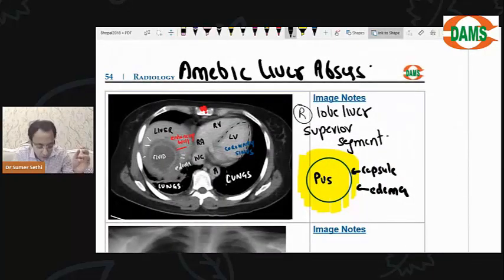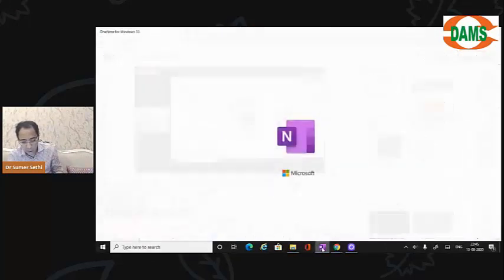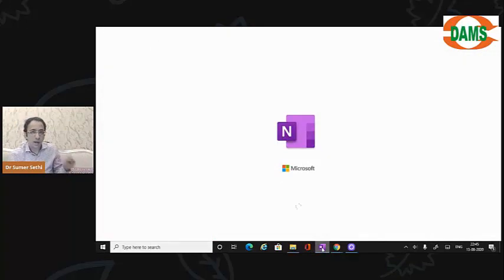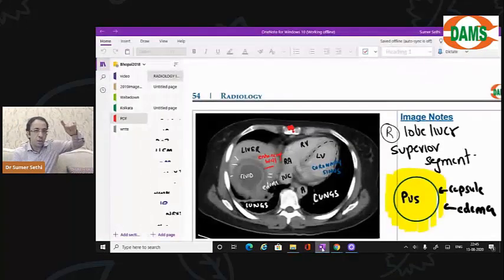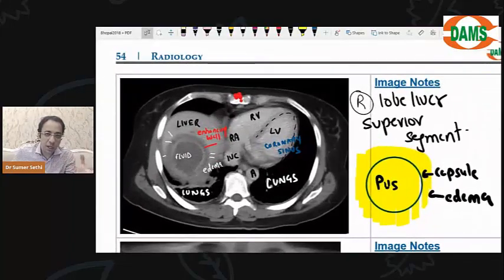Hydatid में, surrounding the hydatid, you will not have, listen to me, you will not have edema, you will not have inflammation, because remember, hydatid जब तक membrane intact होती है, the membrane does not allow any immune response to happen.